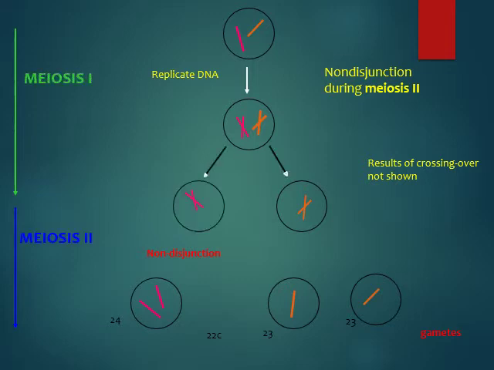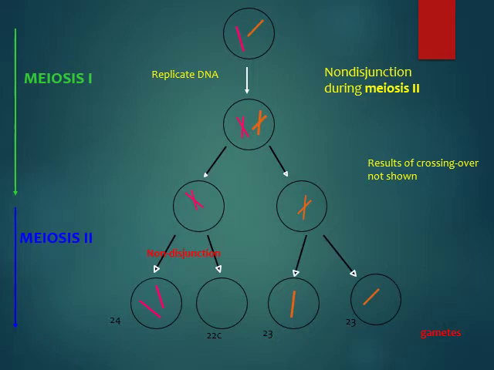If non-disjunction occurs at the second meiotic division, it produces two gametes containing or lacking the identical chromosome. That means one of the gametes contains 24 chromosomes and the other is missing one chromosome.